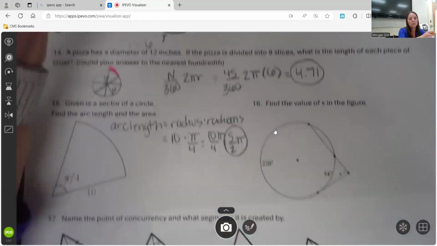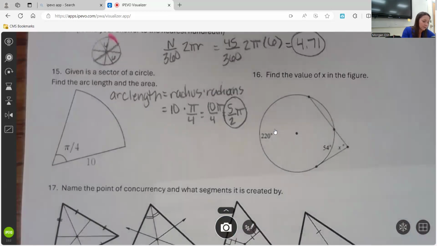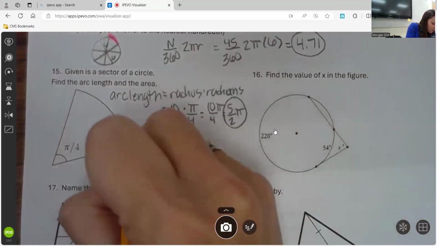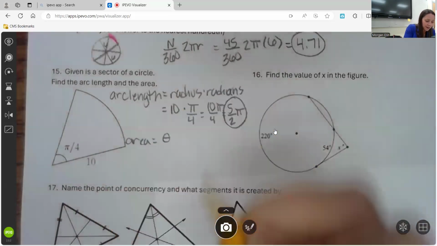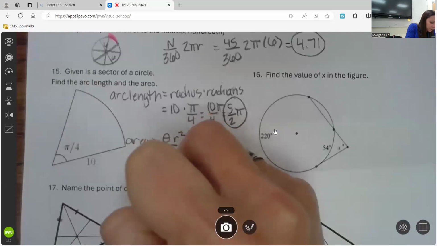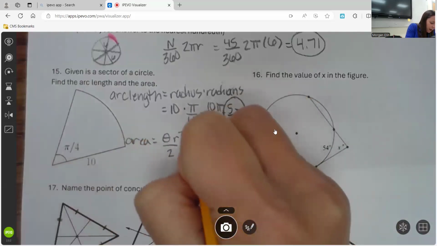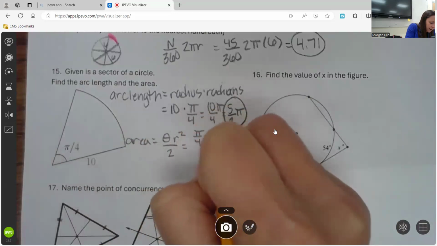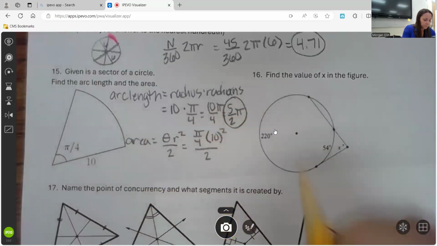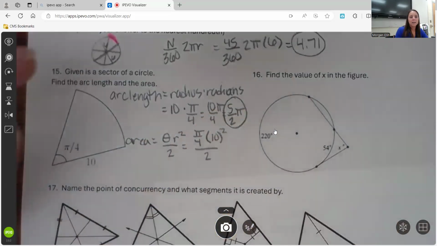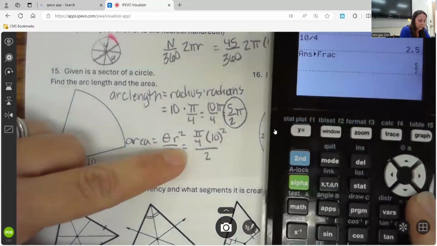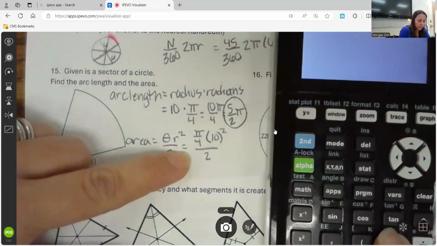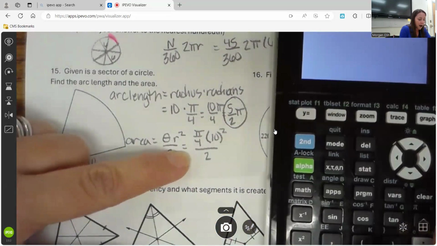Now, the formula for the area of a sector with radians: the area of the sector is theta, the radian measure, times r squared, divided by 2. So here, pi over 4 times the radius squared, and then you divide by 2. If we leave it in terms of pi, what I want you to realize is this is 1/4 right here. So you can write 1/4 times 10 squared. That's the top.